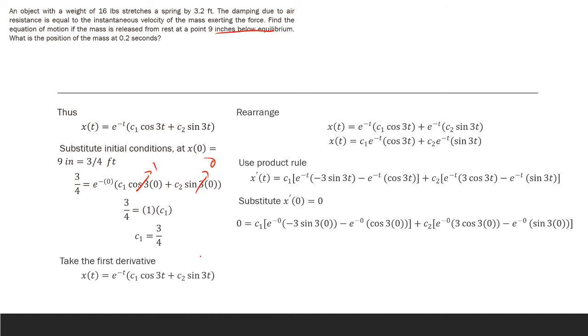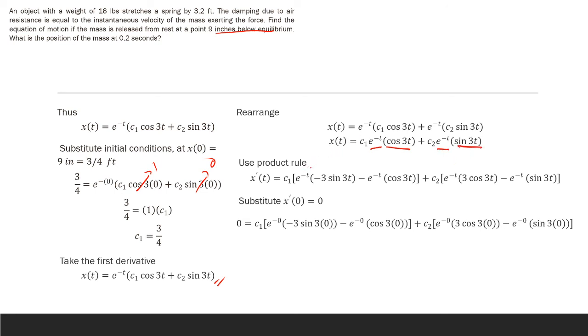Now, in order for us to use that, we need to first take the first derivative of our x of t. To get this, let's rearrange it. We'll have x of t is equal to c1 e raised to negative t cosine 3t plus c2 e raised to negative t sine 3t, so that the products are more visible. The first term is e raised to negative t times cosine 3t, and the second is e raised to negative t sine 3t.